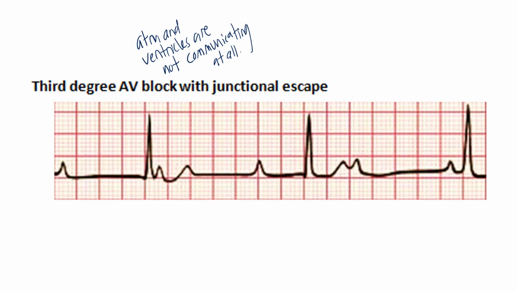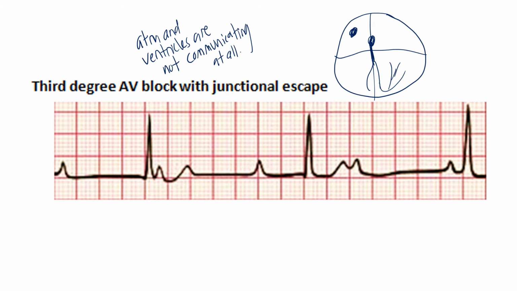Also, another thing maybe to help you see what's going on here, say this is a heart. And we know that the SA node is up here in the right atrium, and then there's an AV node here, and then you have a bundle of His, and then it splits into the bundle branches, and then you have these Purkinje fibers down here.